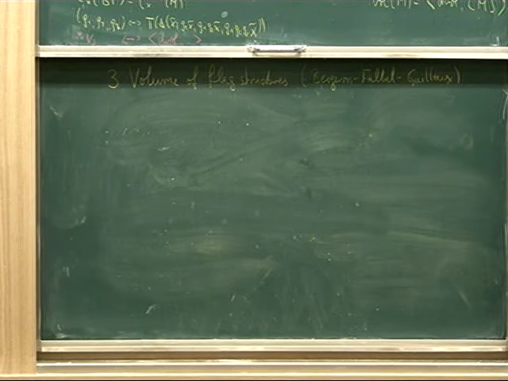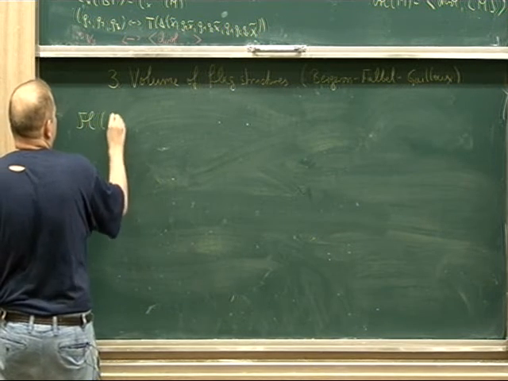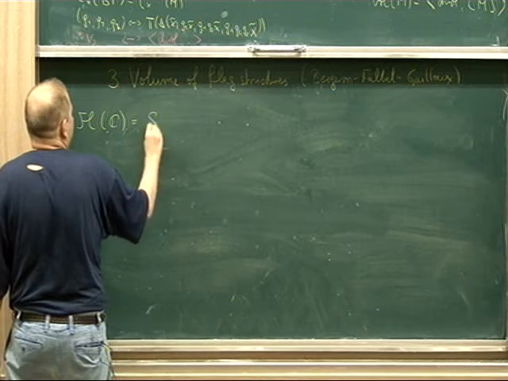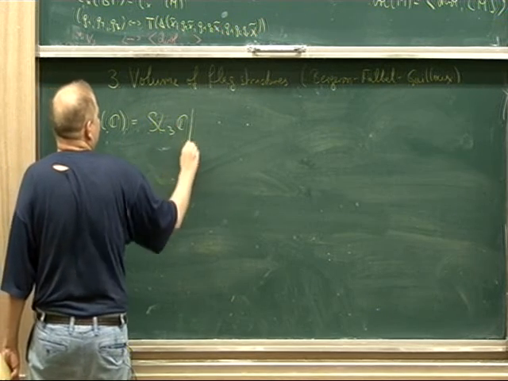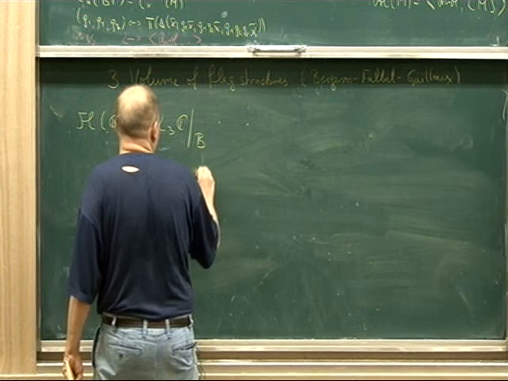They want to study representations of 3-manifold groups in SL3C instead of SL2C, and so what they consider is SL3C modulo P, where P means the upper triangular matrices.